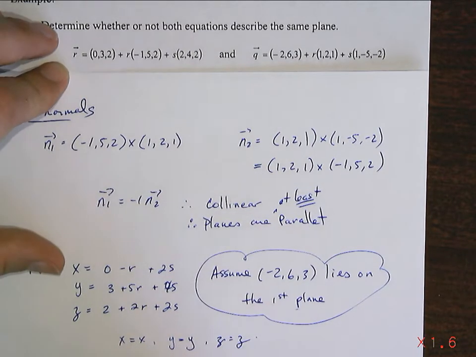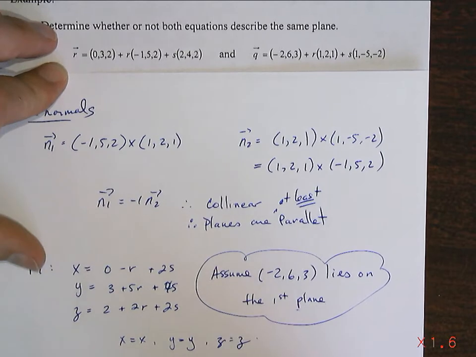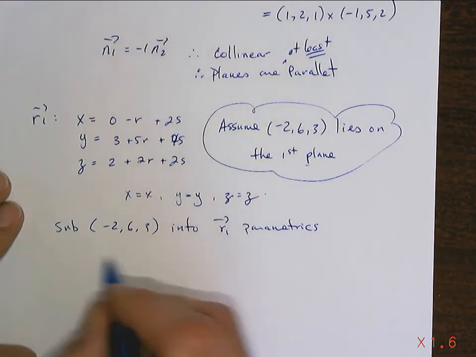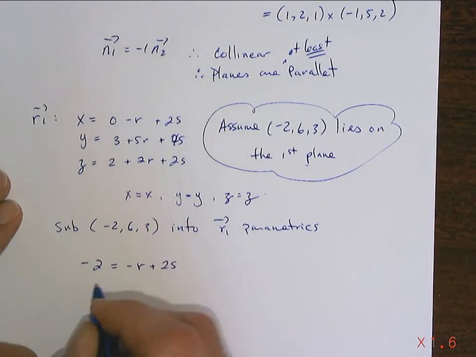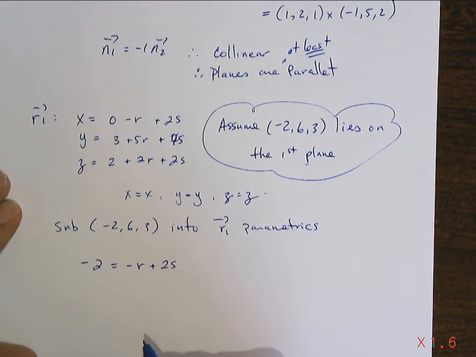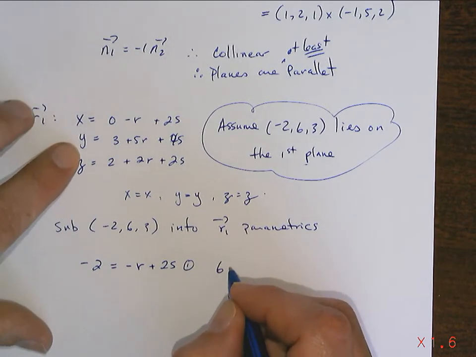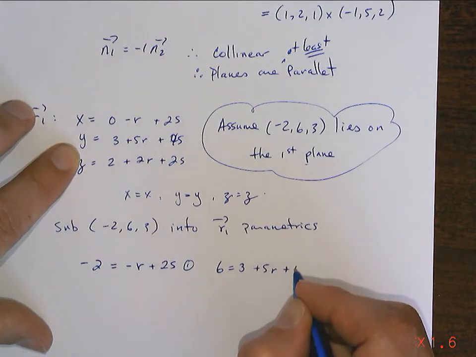So we're going to sub -2, 6, 3 into the parametrics. Tell me when I'm off the screen, kids. It's going to be -2 equals -r + 2s. We'll call that equation 1. It's going to be 6 equals 3 + 5r + 4s.